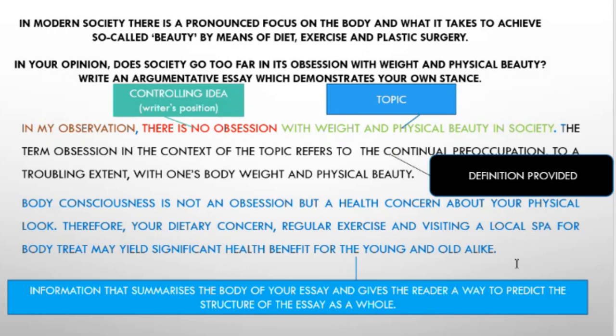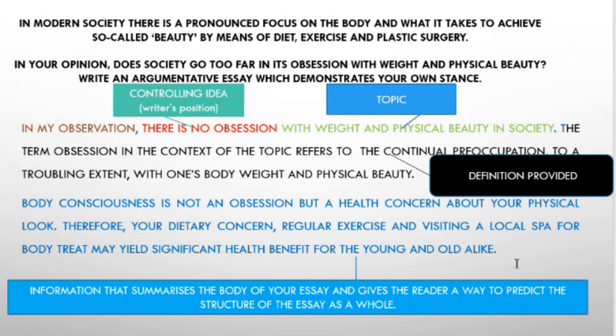And he's also going to prove to us that regular exercise does not mean that a person is having an obsession with weight and beauty. He's also going to show in the body paragraphs that visiting a local spa for treatment of your body, maybe to reward your body, if you do that, it doesn't mean you are obsessed with weight and physical beauty at all.